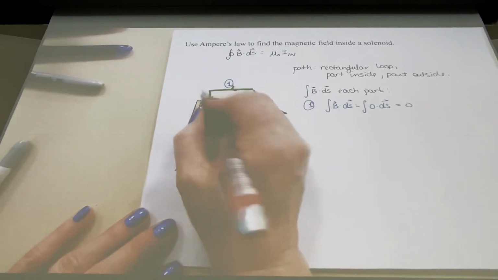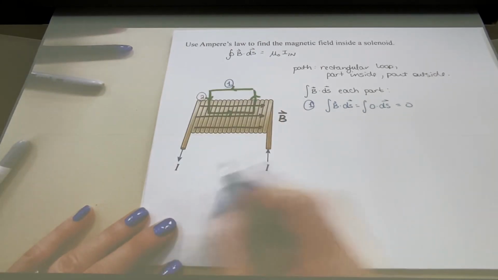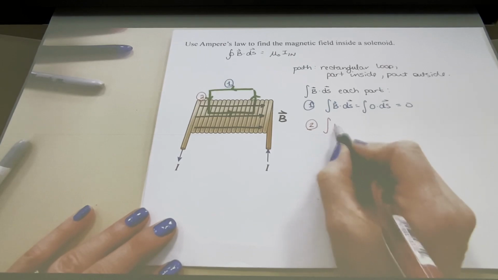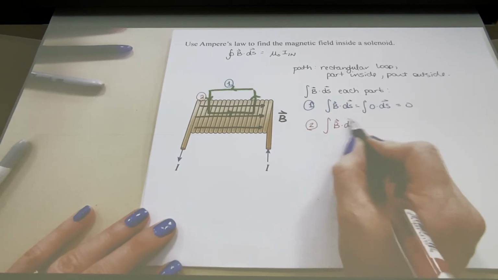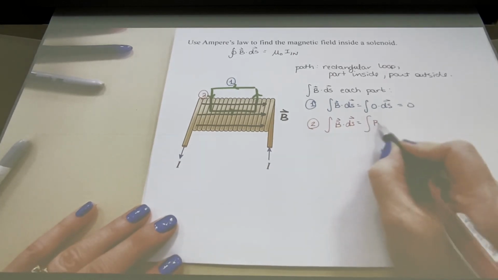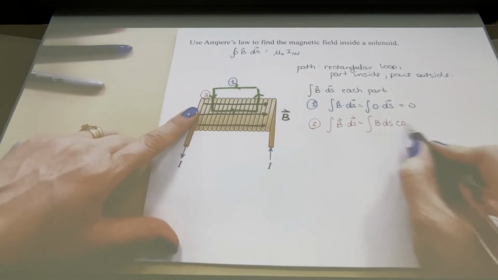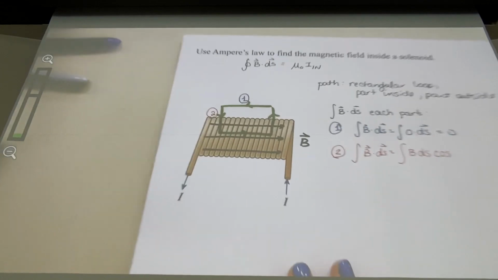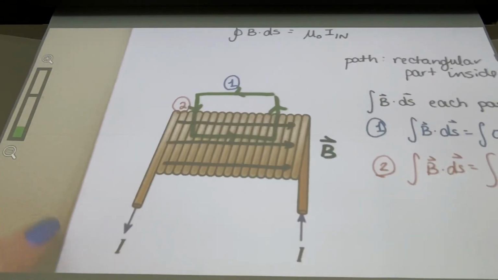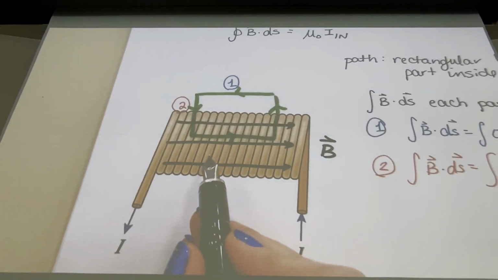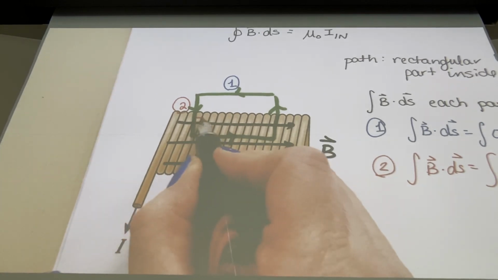Okay, then we come to part 2. That's the bit that comes down. The integral of B dot ds is equal to the integral of B times ds times the cosine of the angle between B and ds. So on path 2, ds points down, magnetic field points right. That angle is 90 degrees.